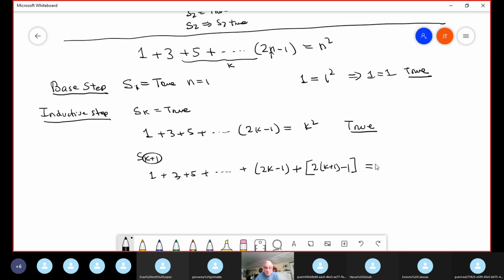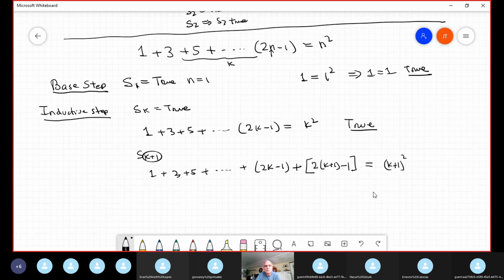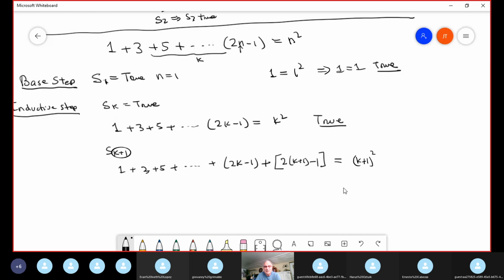And it should be equal to n, but n is (k plus 1) squared. I suppose you understand this, yes or no? The only thing I did was extend one more element inside the summation. The next one is k plus 1. How do you get that? Well, in this expression, you plug in k plus 1. In this expression, you plug in k plus 1. Okay.